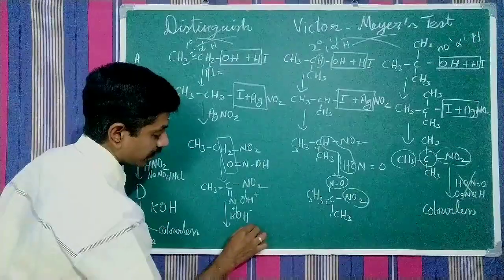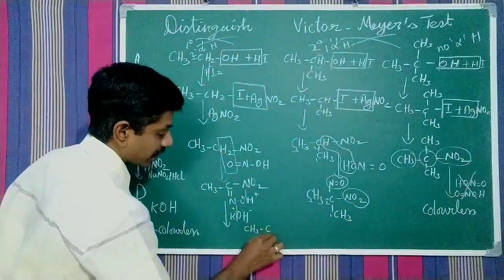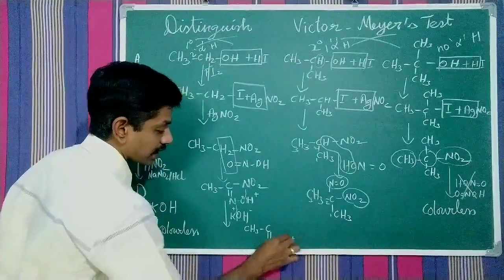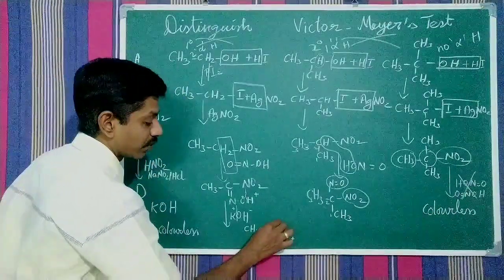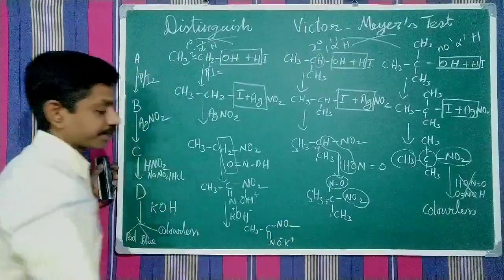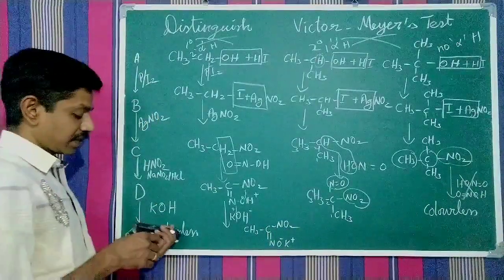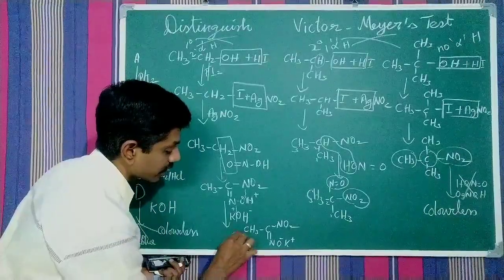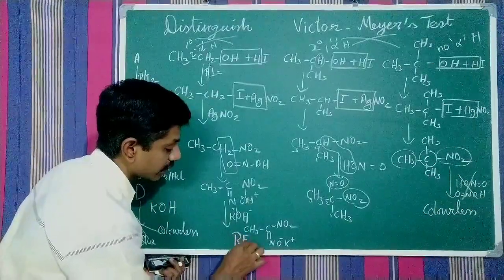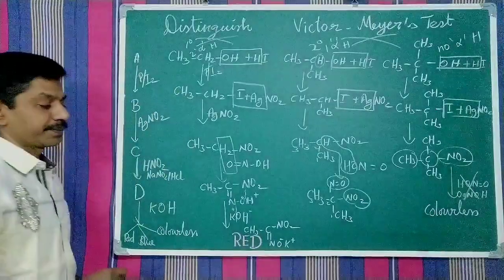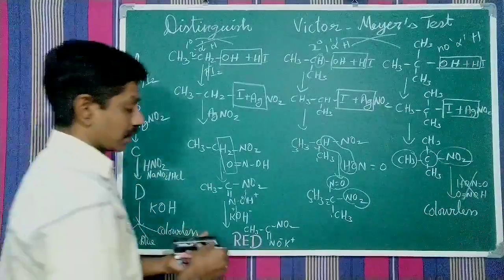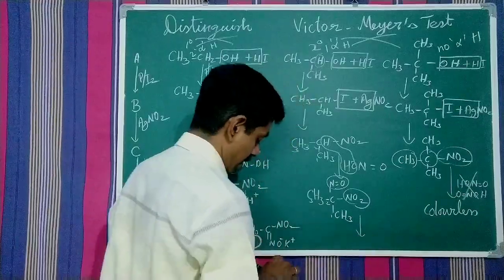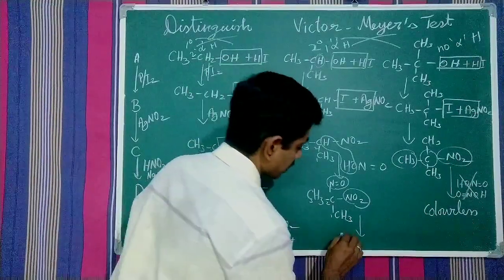So the resulting product will be CH3, C double bond N-O K plus O minus, and NO2 is remaining as such. So this particular substance, while forming, the whole solution will get converted into red color. And this substance will remain as a blue colored substance.